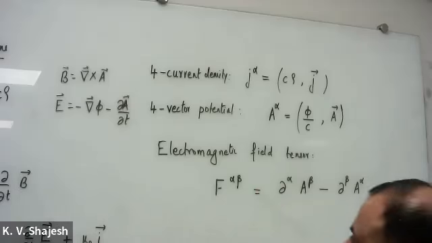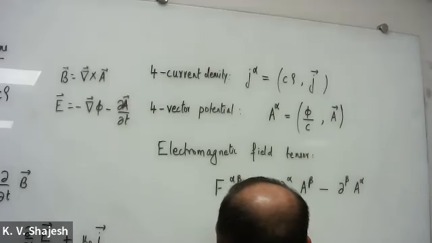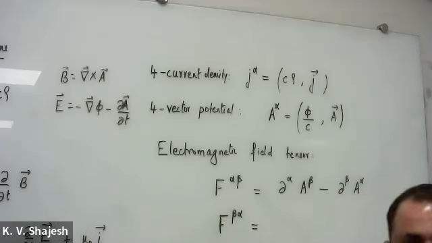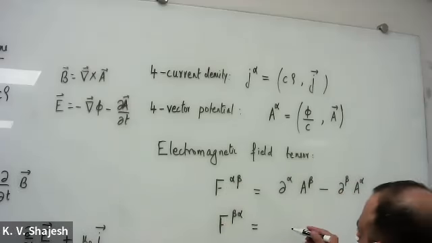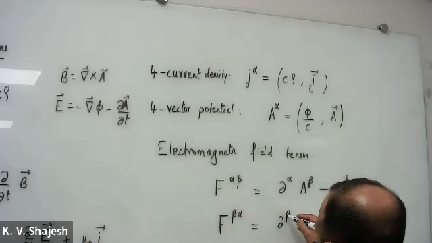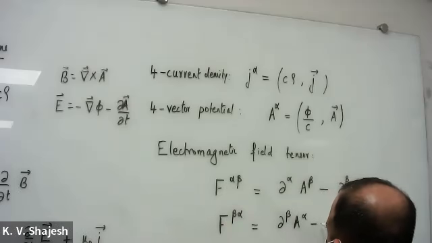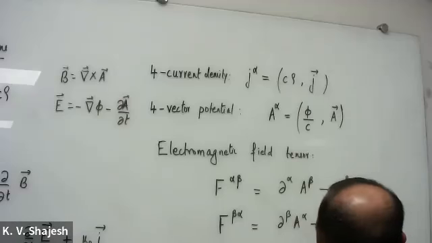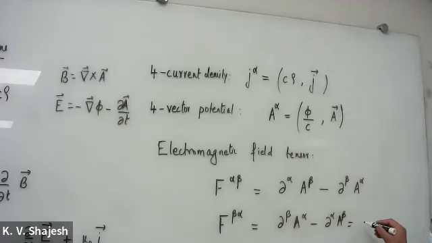It's clear from the definition, just by construction, that if F alpha beta is this, then F beta alpha is equal to the derivative beta of A alpha minus the derivative alpha of A beta, which is exactly the negative of F alpha beta. So it is antisymmetric.